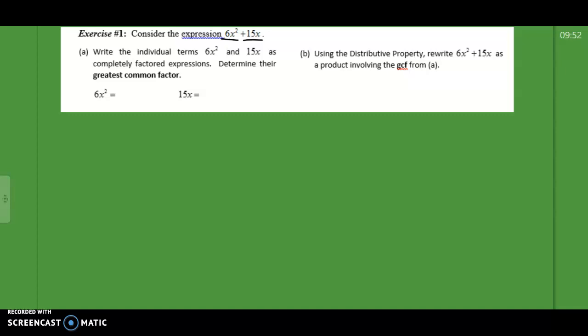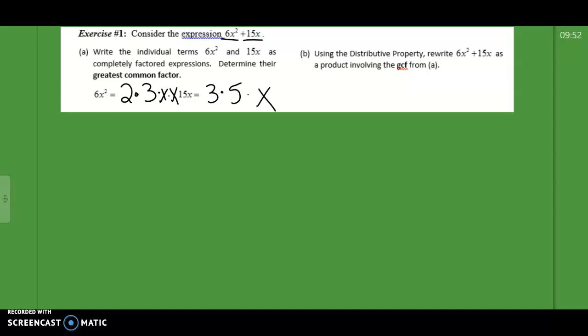Some of you already know this, but just to go through the process for those that maybe don't, 6 can be rewritten as 2 times 3. And x to the second power has 2 x's. That's why there's a 2 there. And then 15x, well, that can be rewritten as 3 times 5 times x. I rewrite it in its simplest form with the smallest numbers because those numbers are prime. So those numbers can't be factored again.